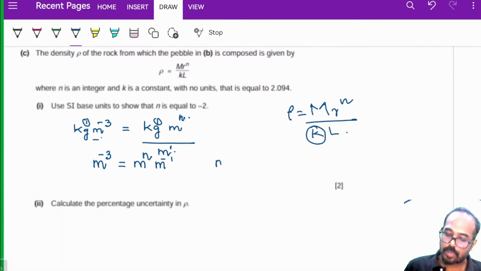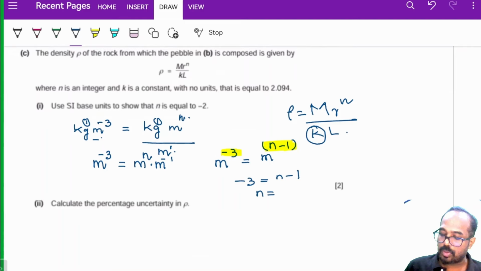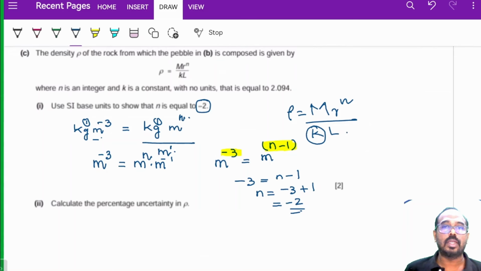So you can write left hand side -3, which is equal to m to the power n-1. If you are multiplying, you need to add the powers. So left hand side and right hand side equal means the power on the left hand side should be equal to the power on the right hand side, right? So it will be -3 equal to n-1. So n is equal to -3 plus 1, which is equal to -2. You have proved n is equal to -2.